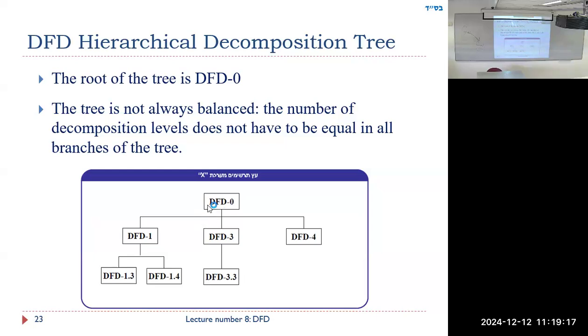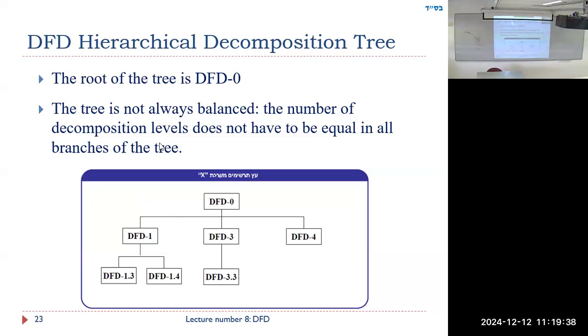So you can have a situation like this, DFD 0, and then DFD 1, 3, and 4 is in DFD 0. I don't know why 2 disappeared. For some reason 2 disappeared, but here, DFD 1 has 3 and 4, and DFD 3 has 3.3.